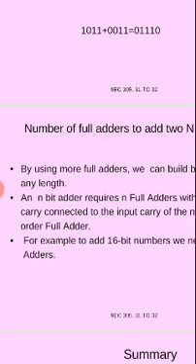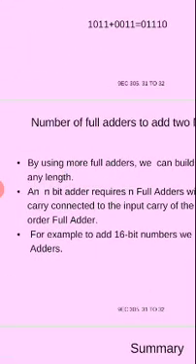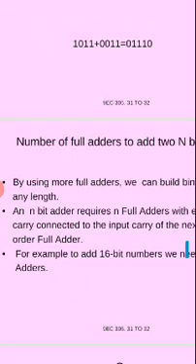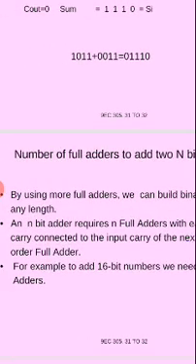Number of full adders to add two n-bit numbers. By using more full adders, we can build binary adders of any length.